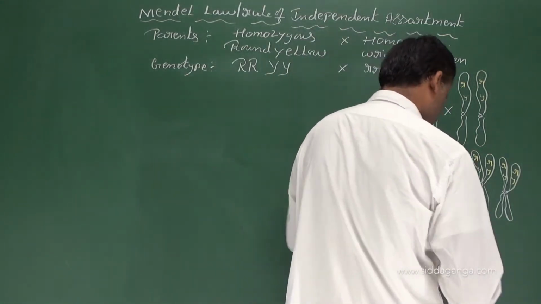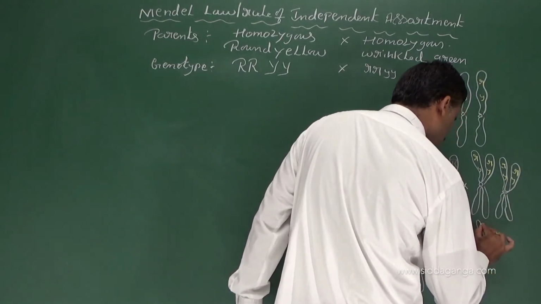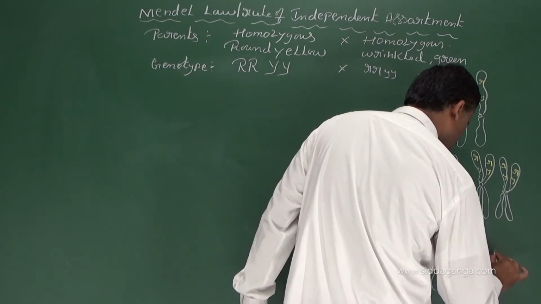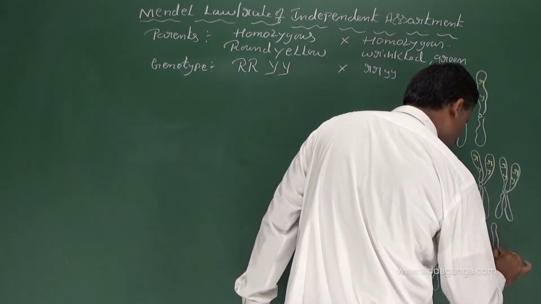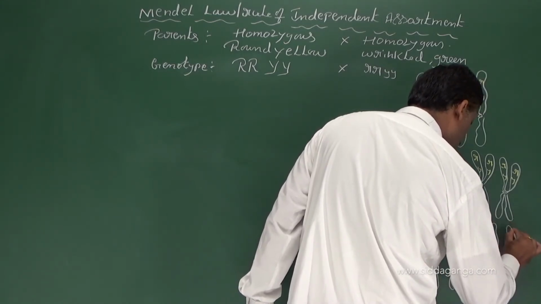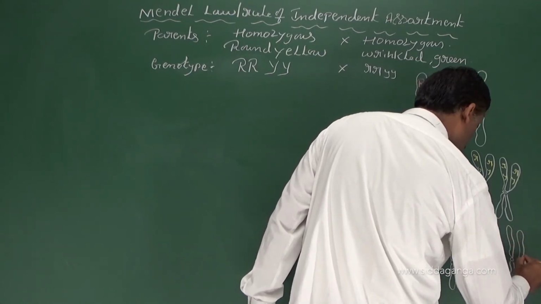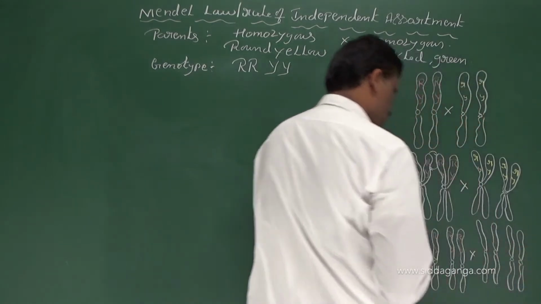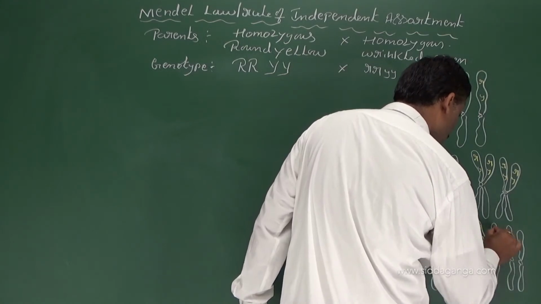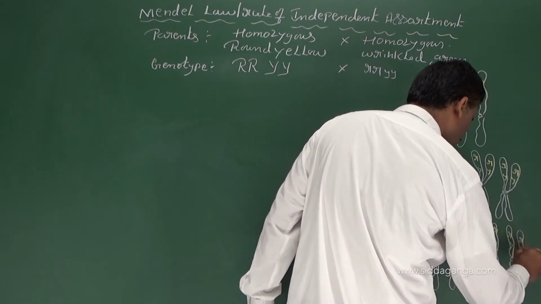Into here also they will split. They carry small r, small y, small r, small y, small r, small y, small r, small y.